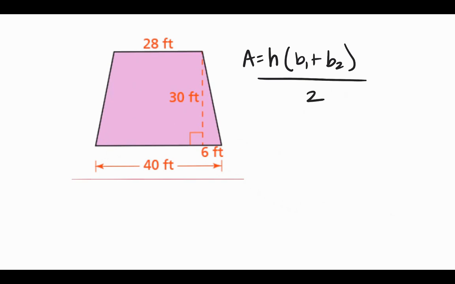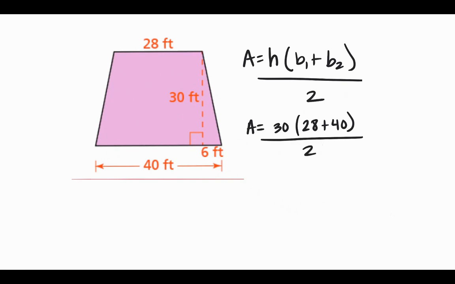Okay, so now that I know what all those parts are, I'm just going to plug in the numbers and solve. So I have area equals my height, 30, and then my little base and bottom base, so the shorter end of the trapezoid and the longer end of the trapezoid. So I have 28 plus 40, and then all of that is going to be divided by 2.